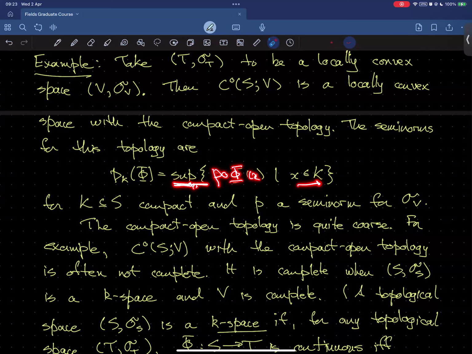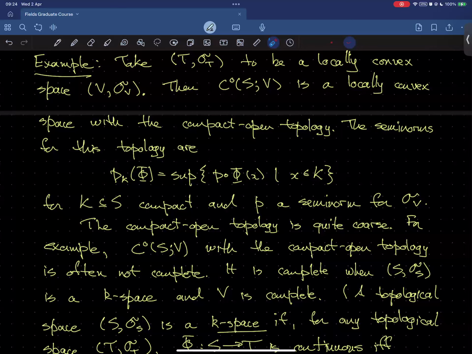Let's think for a moment about why this thing is well defined. In other words, why is it finite? Well, it's finite because I'm taking the supremum over K. Phi is a continuous mapping from S into V, so the image of K under phi will be compact, because images of compact sets under continuous mappings are compact.